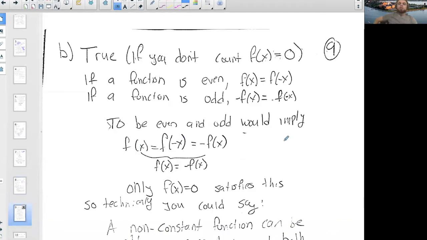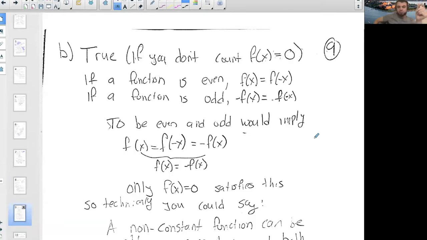Okay, so B: it's technically false. If you allowed something kind of trivial, like f of x equals 0, here's the idea. If a function is even, then f of x equals f of negative x. If I flip the sign of the input, it doesn't affect the output.